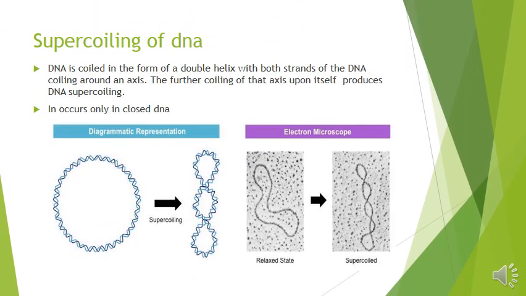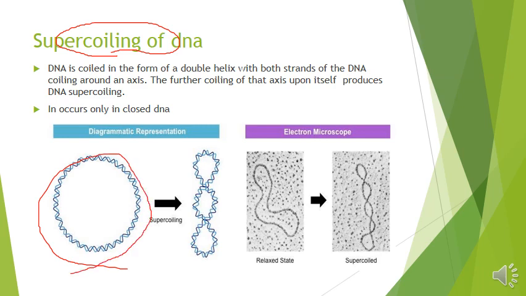Now we reach the concept of supercoiling. Normally, as you can see, this DNA structure is a double helix and it is normally coiled. But if DNA is further coiled upon itself or upon any other protein, that DNA is not relaxed DNA, that is supercoiled DNA.